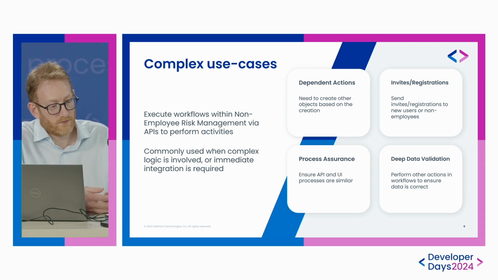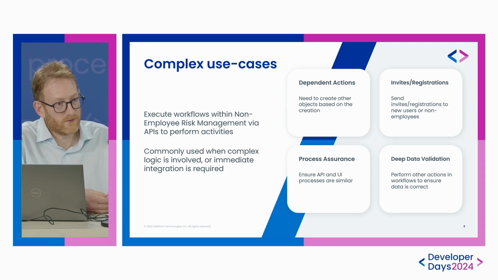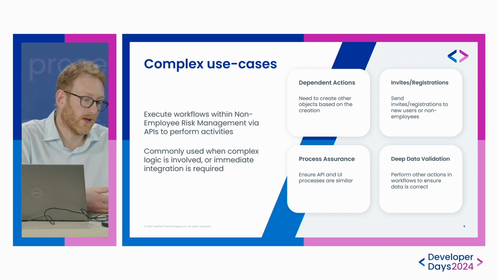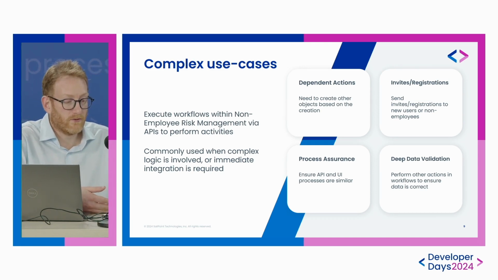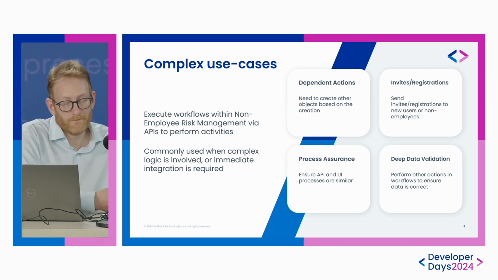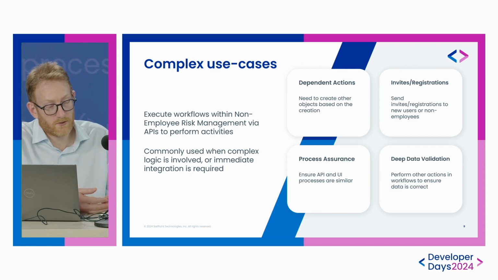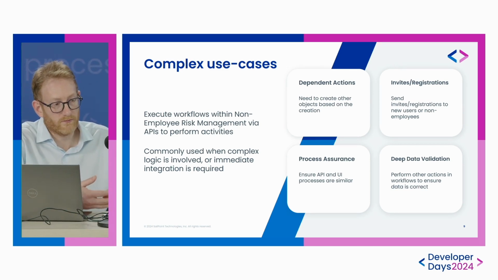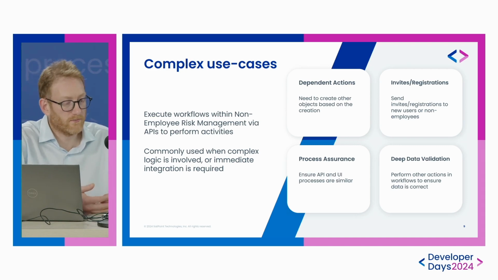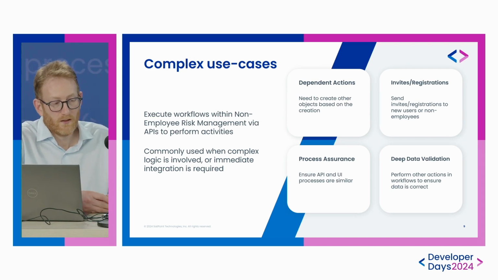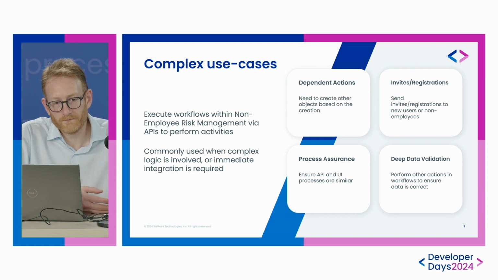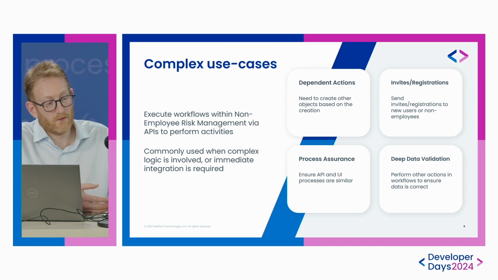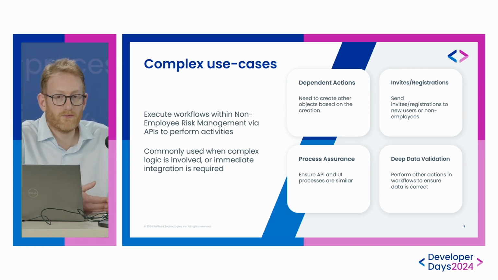So if you design it like this, you can, for instance, use the same workflow to create profiles, either from the UI or from the API, so you ensure that you will have the same business logic in both cases, right? There are also a few activities that can only be triggered within the workflow engine.